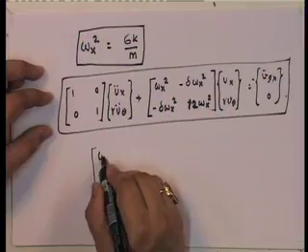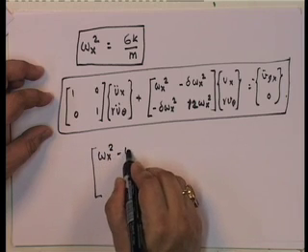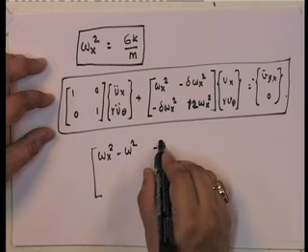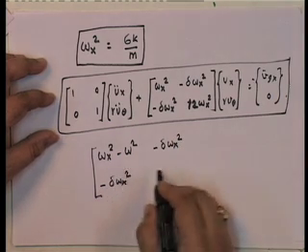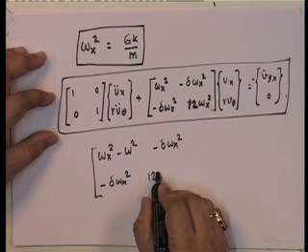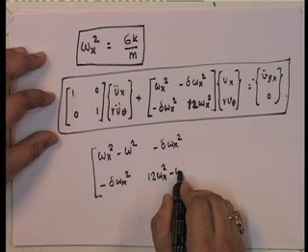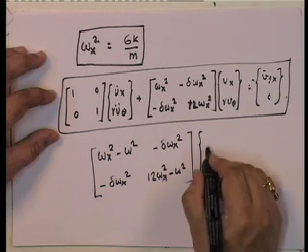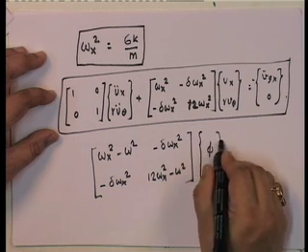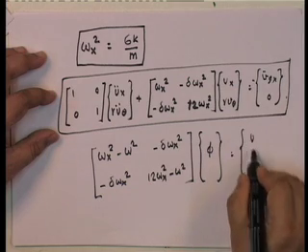Now how am I going to solve this? I am going to use mode superposition. For mode superposition, I have to first solve the eigenvalue problem. The eigenvalue problem becomes omega x squared minus omega squared, minus delta omega x squared, minus delta omega x squared, and here I have 12 omega x squared minus omega squared, times phi equal to 0, 0.